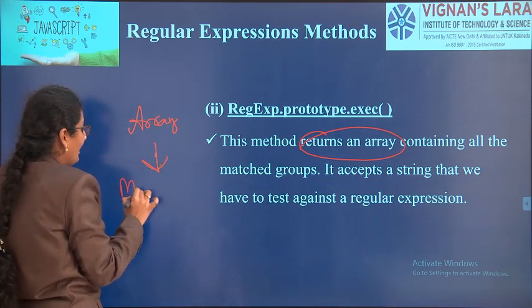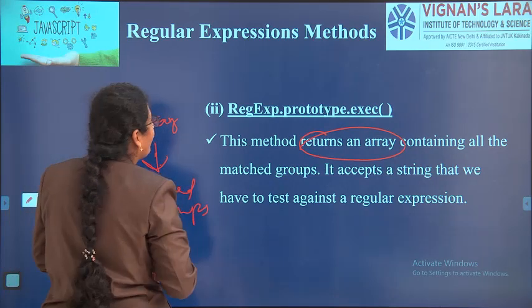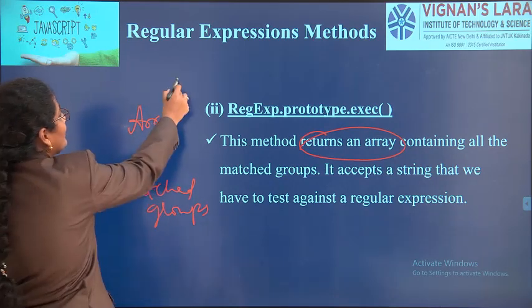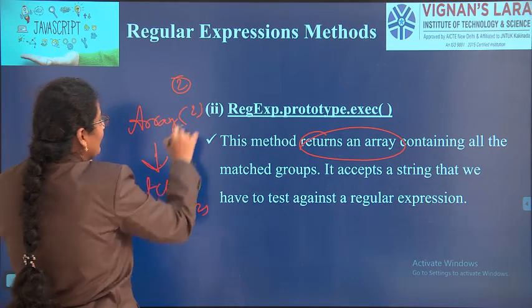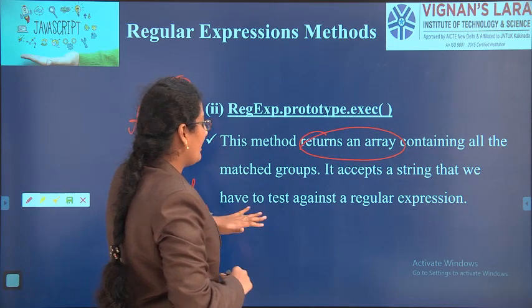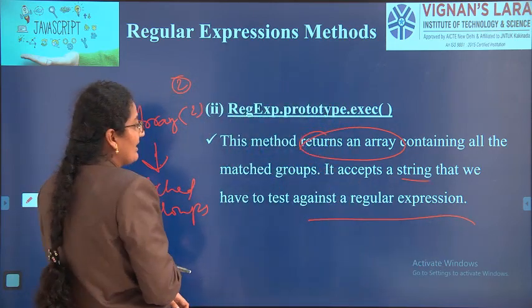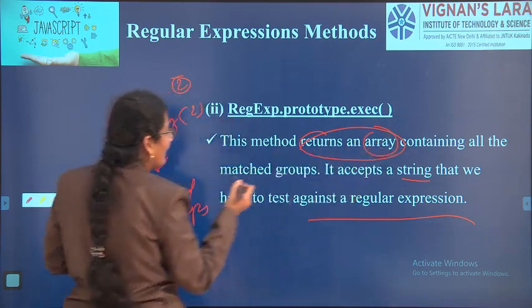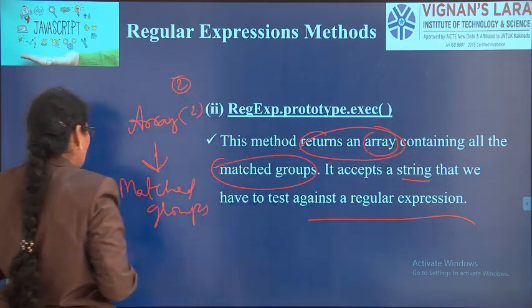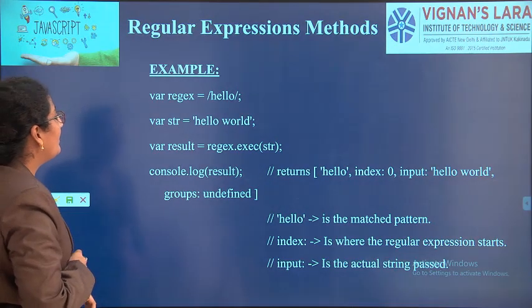This array will contain the matched groups. So the second method is RegExp.prototype.exec. It also takes the string and compares it with the regular expression, but as a result it returns an array containing matched groups. So let us see the example for the second method.